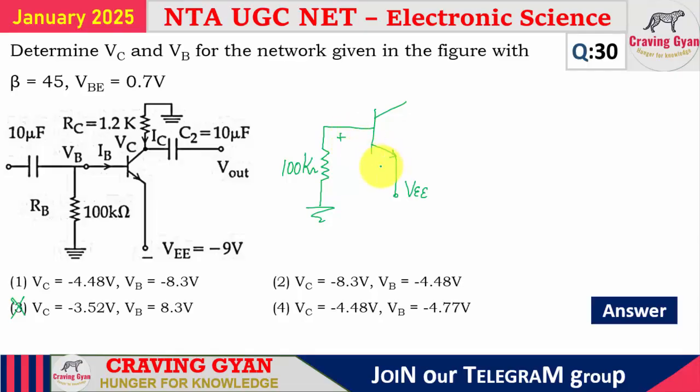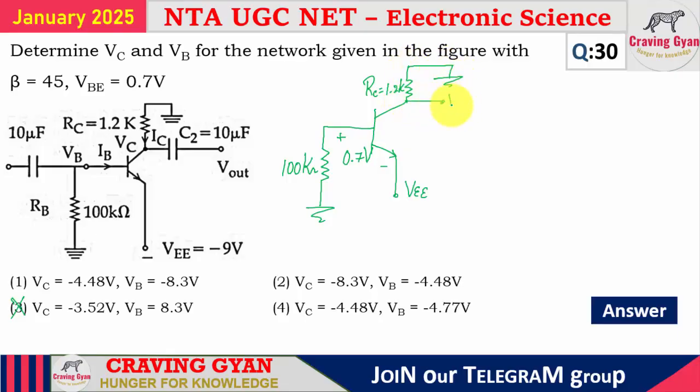For the transistor to turn on, the base to emitter potential should be 0.7, right? Rest of the things you write as it is, nothing changes. What is the value of RC? 1.2 kilo ohms, and then connect it to ground.